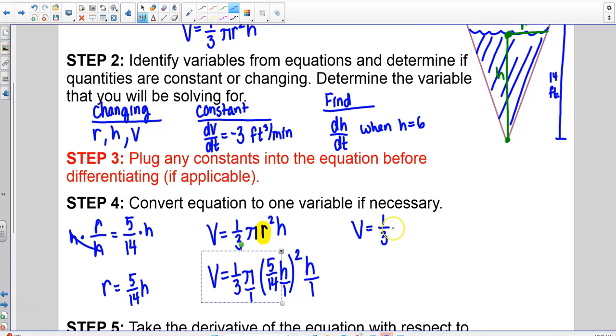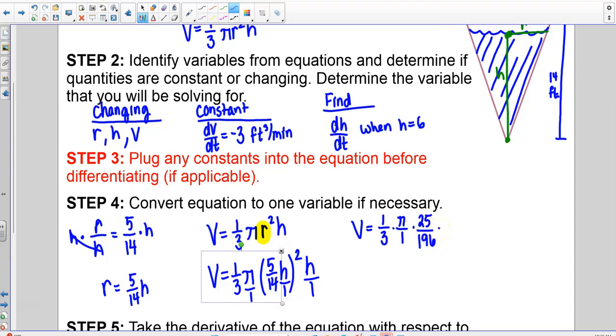I got 1/3. I got pi over 1. I got to square this. So 5 squared is 25. 14 squared is going to be 196. Double check myself here. Yep, 196.